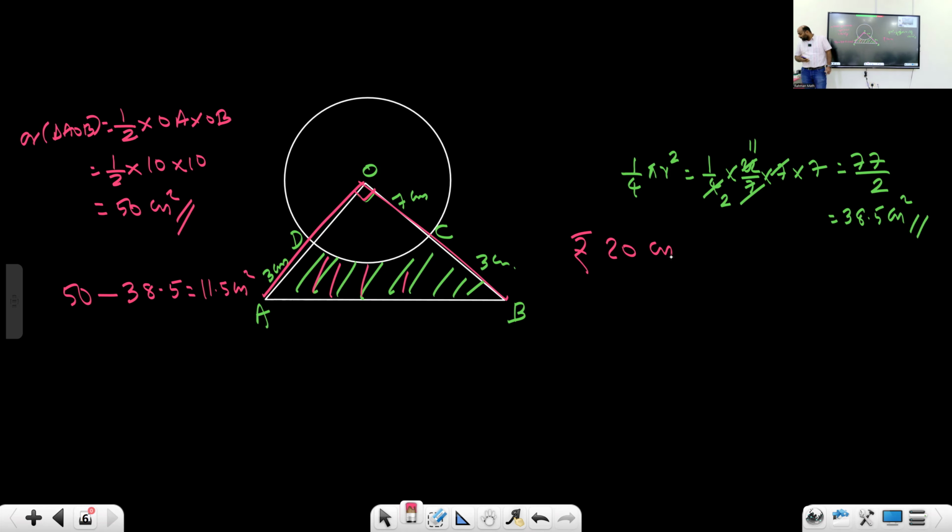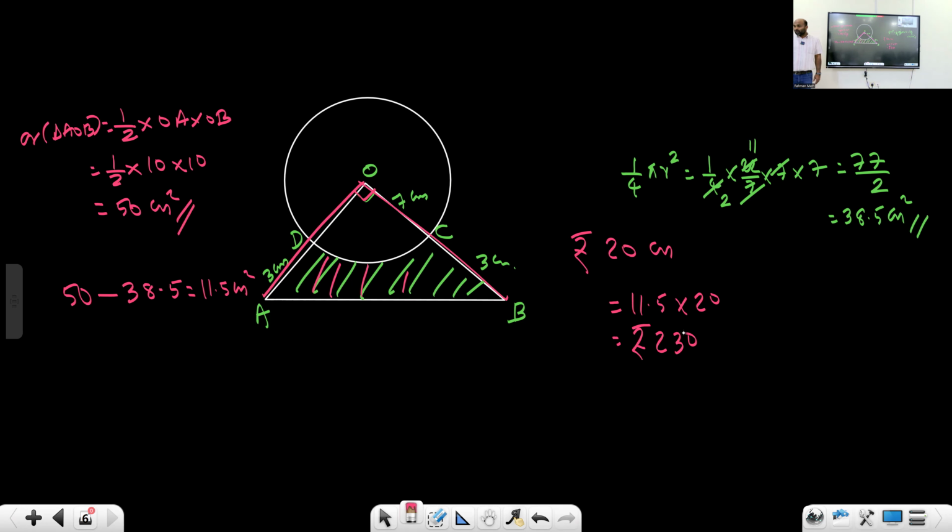It should be centimeter square, since it is area. Typing mistake. I prepared this only this morning. Rupees 20 per centimeter square, so 11.5 into 20 is rupees 230. Rupees 230.